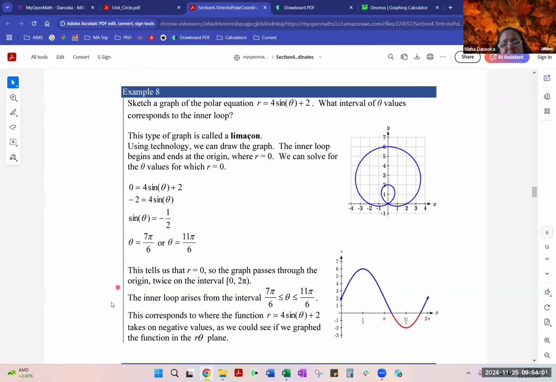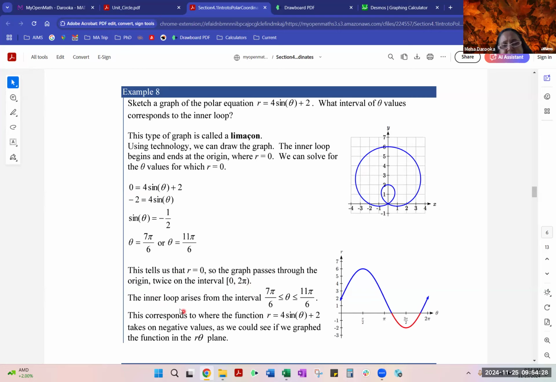So that's where we come up with our angles. Basically, this is telling us that for these values of theta the r value will be 0, which puts us back at the origin, right? And this is where that inner loop makes this little circular motion. So the graph passes through the origin twice on the interval 0 to 2 pi, obviously not including 2 pi.